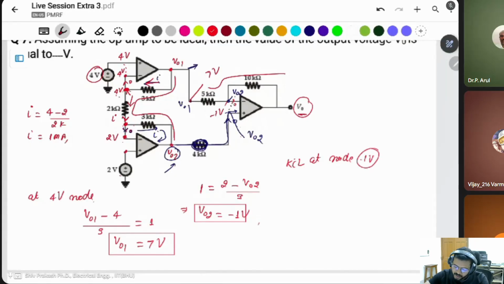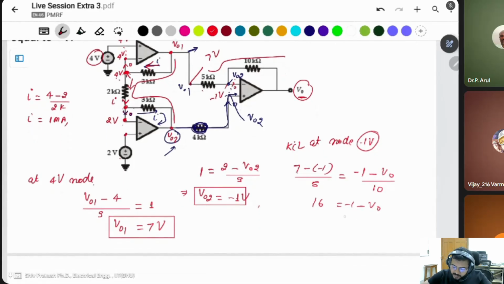This voltage, it means 7 volt minus minus 1 volt, divided by this resistance 5k, is equal to minus 1 minus V0 divided by 10k. 7 plus 1 is 8. 8 times 2 is 16. 16 plus 1 is 17. V0 is minus 17 volt.